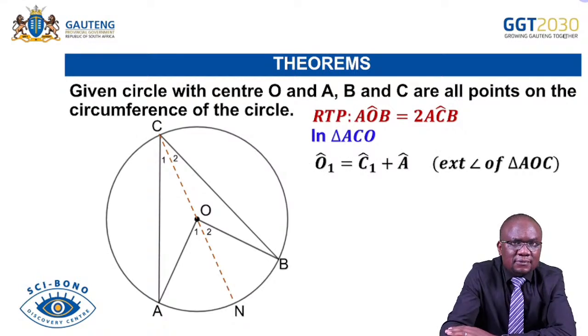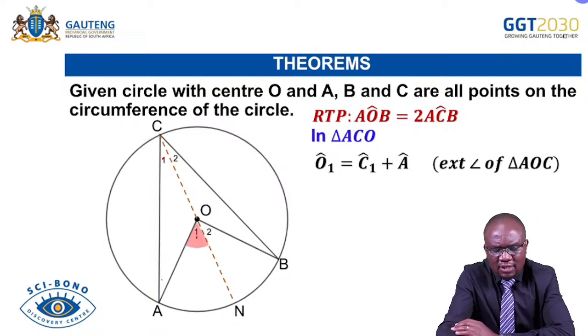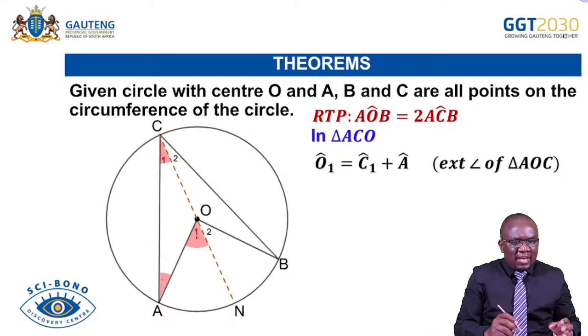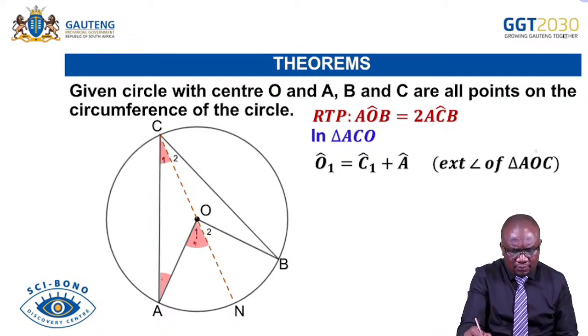Angle O1 is equal to C1 plus A. Why? Exterior angle of a triangle. So if you add C1 and A, you are going to get O1. Okay?